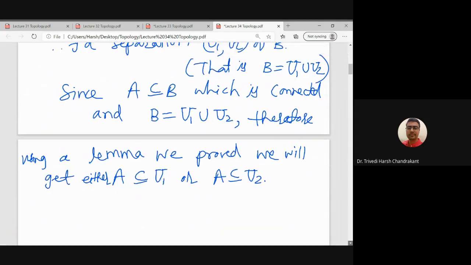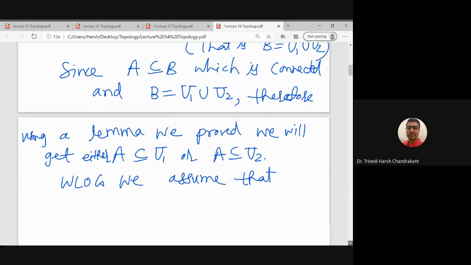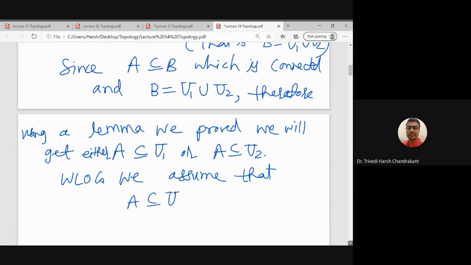Again, without loss of generality, we assume that A is a subset of the first separating set. A is a subset of U2 is the second case, in which we can give a similar argument as A is a subset of U1.